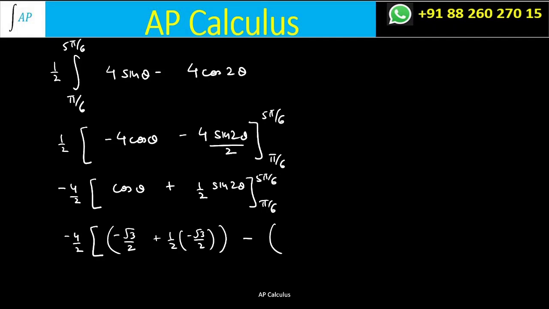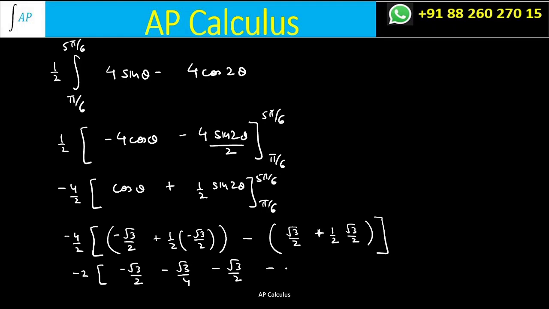Now the lower limit: cosine of pi by 6 is root 3 over 2, and when you put pi by 6 over here, that will become sine of pi by 3, which is also root 3 over 2. Now let's simplify this. This is minus 2, so minus root 3 by 2, this will become minus root 3 by 4, this will become minus root 3 by 2, and this will be minus root 3 by 4.